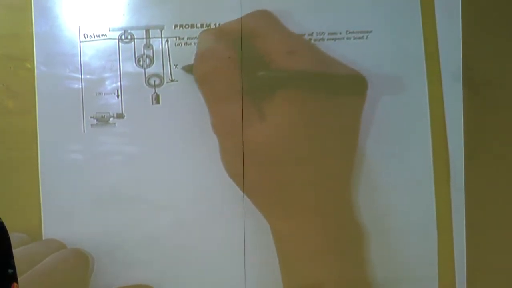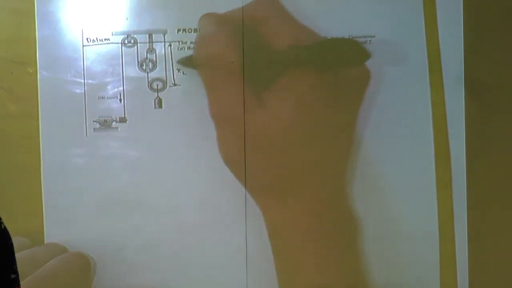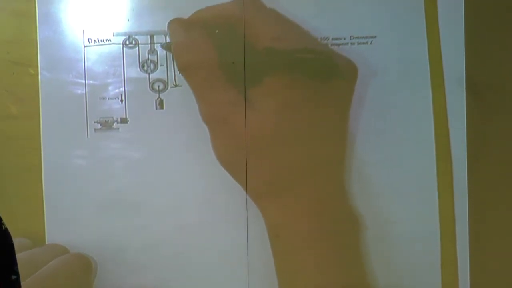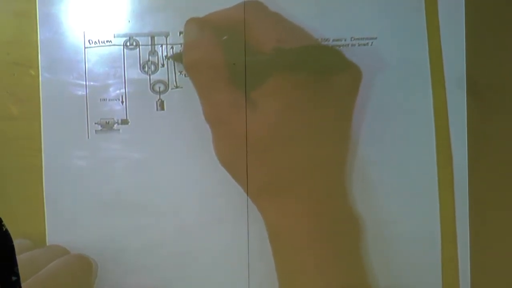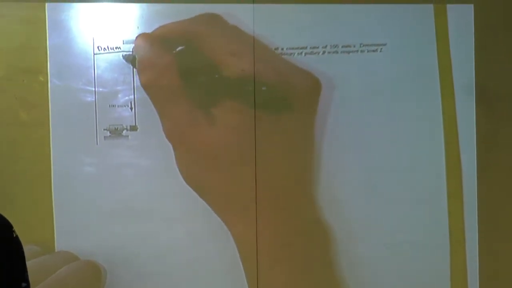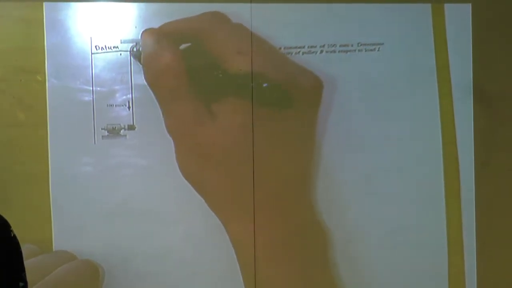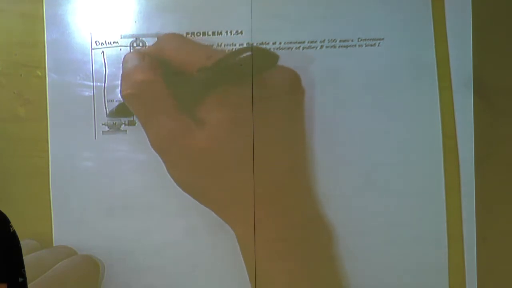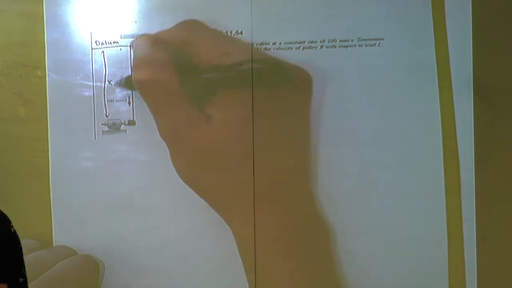So here you have XL, here's XB, and we'll just put it over here. This is going to be XM.